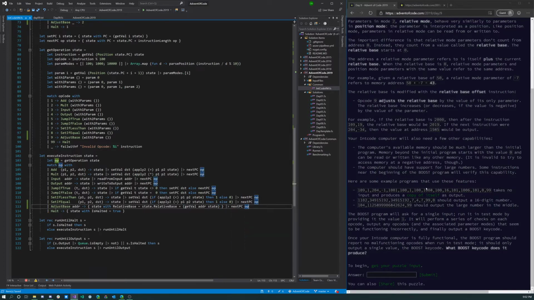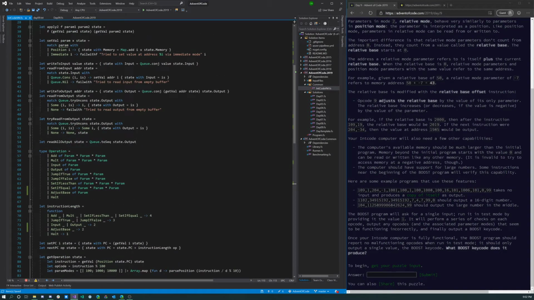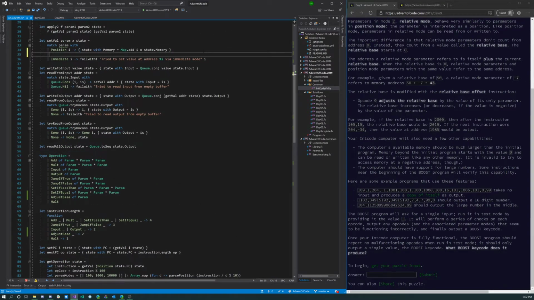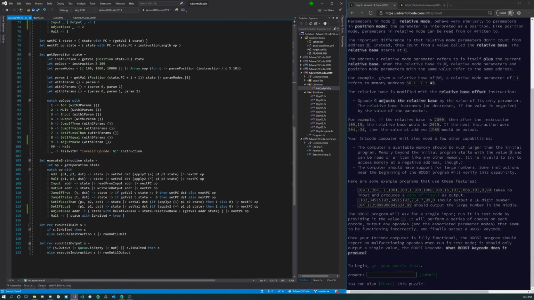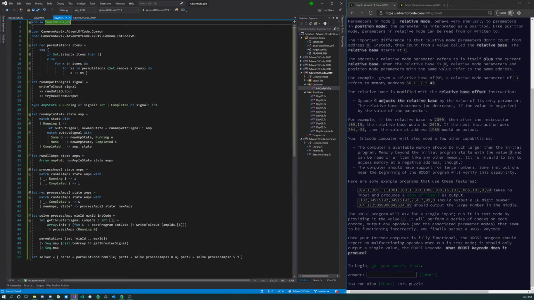And state with memory equals map.add, so this is I, which is plus state.relative base, I guess. And what else doesn't work? Is there anything else that's failing? I think that's it.